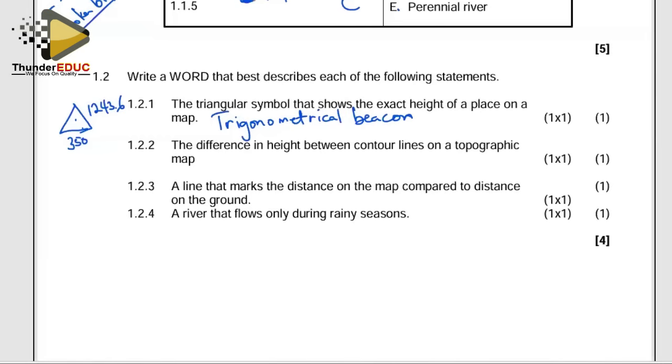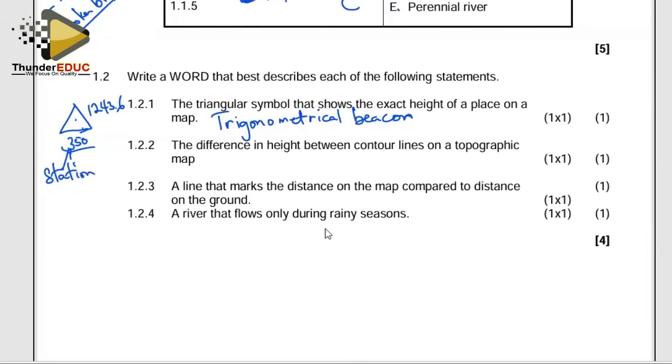How then do we figure out the height? Because those two numbers are different, but we are saying the purpose of that one is to give us the exact height of that particular place. What you should note there is the station number is this one. The trigonometrical beacons are numbered.